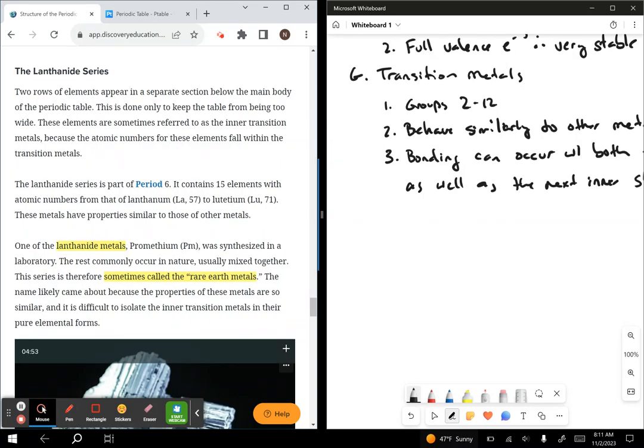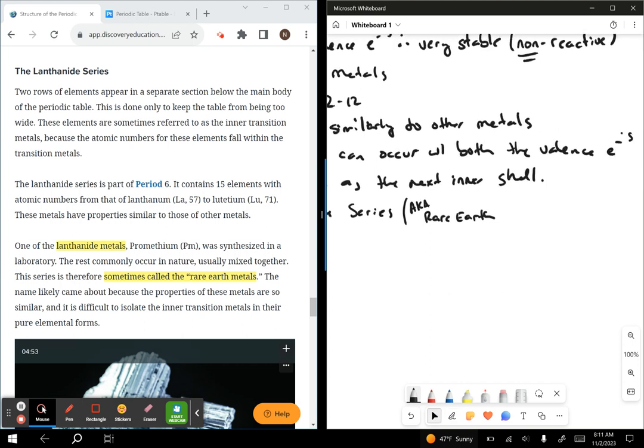Okay, moving on to letter H here, the lanthanide series. Remember, we said these include your rare earth metals. Okay. We could say AKA rare earth metals.